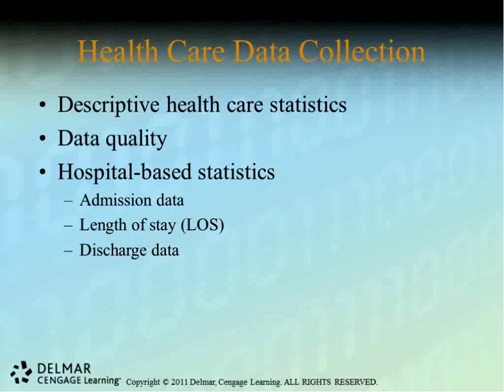Descriptive statistics is a type of statistics that describes a particular population, or whatever the population of interest, in some type of way. In terms of descriptive health statistics in a hospital, we're describing the population of patients being seen in that hospital.